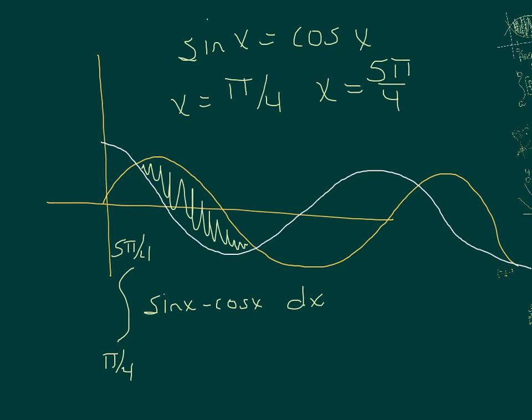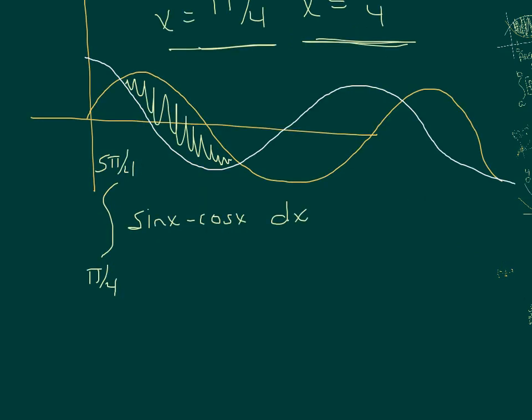The sine of x and the cosine of x are both positive in the first quadrant, and they're both negative in the third quadrant. So that sets up our limits of integration. In the region that we're looking at, even though they don't look like it, all of these regions have the same area. In this particular region, the sine of x is above the cosine of x. So we're integrating that.